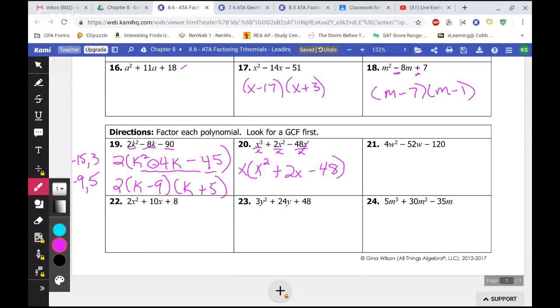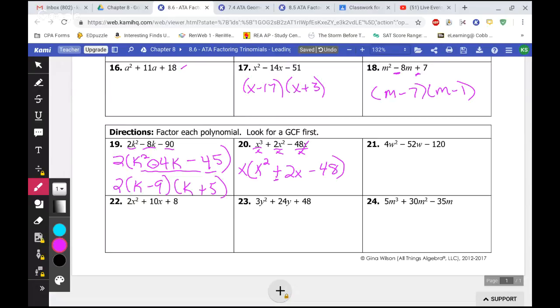So I'm looking for 2 factors. One's going to be negative, one's going to be positive because I have a negative 48. And the bigger one is going to be positive because this is positive, the leading sign or the sign before the middle thingy, as I said in class yesterday.